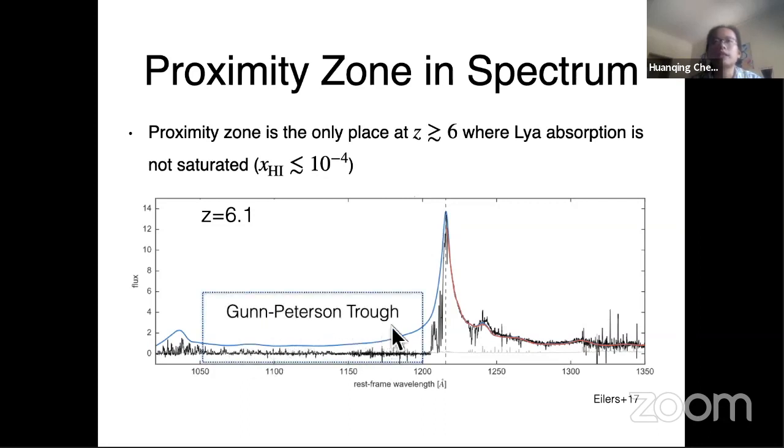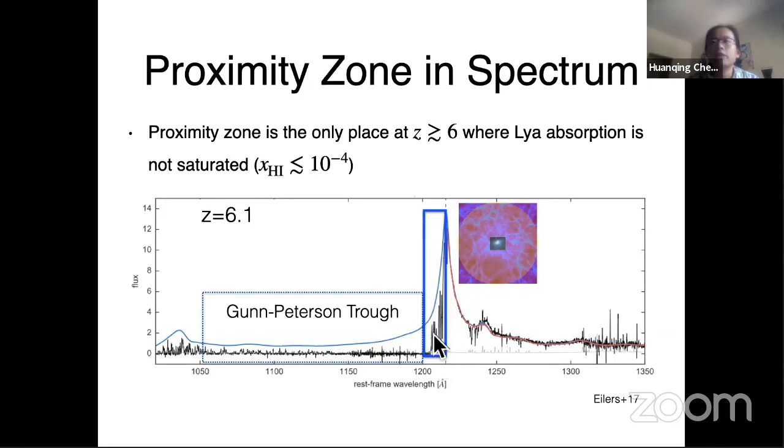This is the Gunn-Peterson trough, usually observed in z about 6 quasars. But thanks to the high flux of the quasar, the region surrounding it will have an exceptionally low neutral fraction. This appears in the spectra as this non-zero flux region, and this is a place where we can do a lot of interesting work.